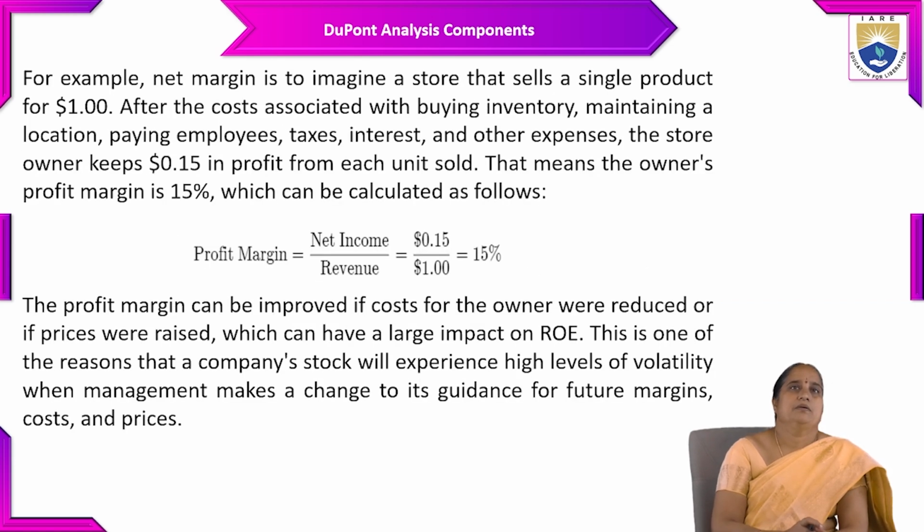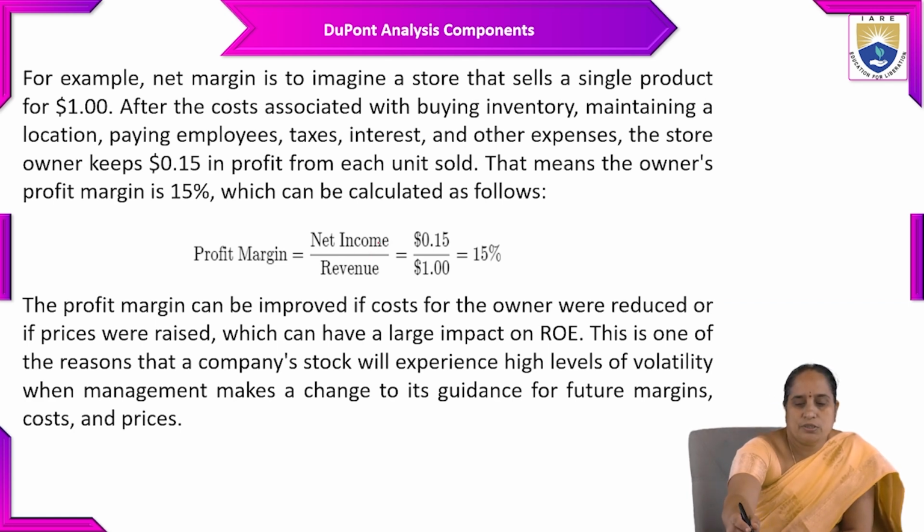For example, imagine a store sells a single product for $1. After the cost associated with buying inventory, maintaining a location, paying employees, taxes, interest, and other expenses, the store owner keeps 0.15 in profit from each unit sold. This means that the owner's profit margin is 15%, which can be calculated as follows.